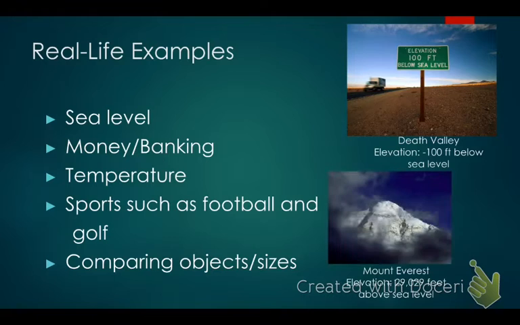Another example is Mount Everest. The elevation, that means how high or how low something is, is 29,029 feet above sea level. So the key words there again are below, and this one has above.